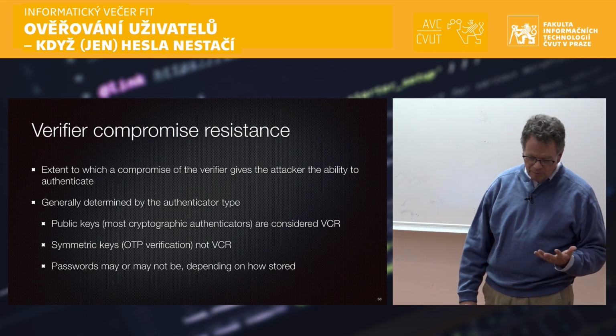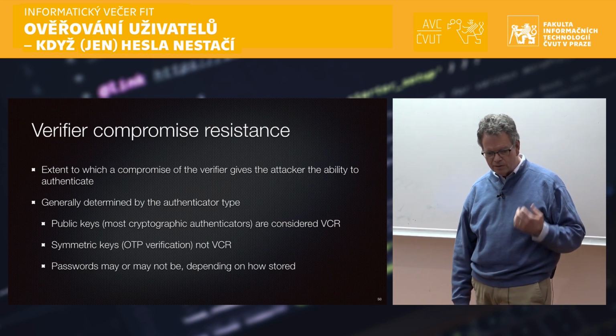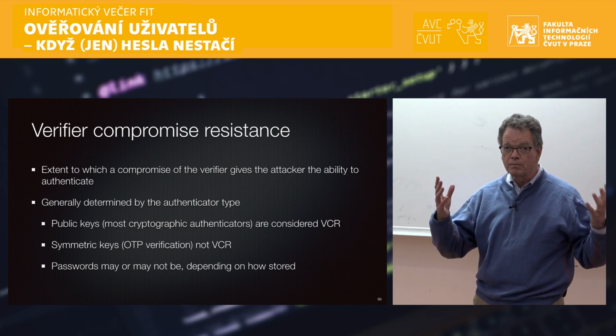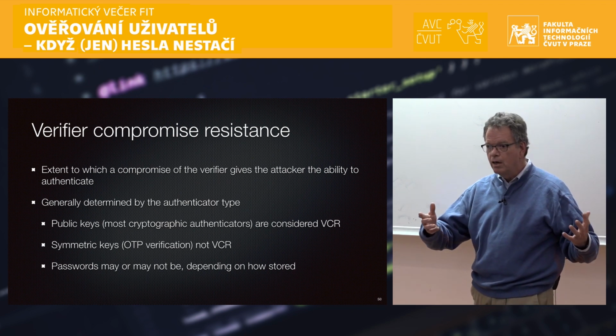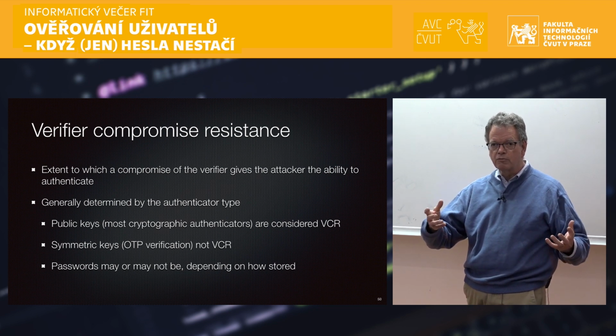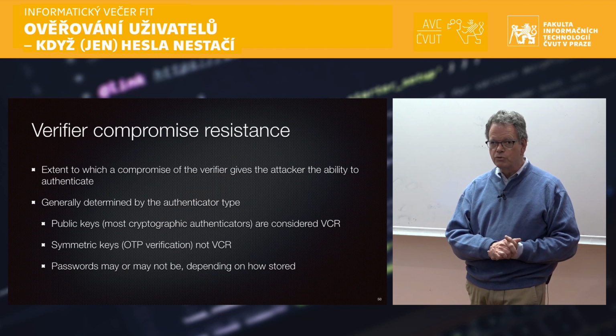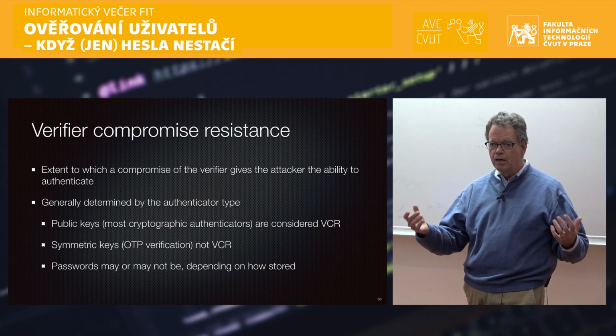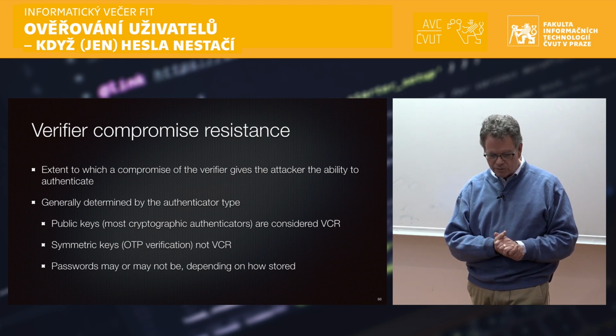And then I talked a little bit about verifier compromise resistance. If you're storing, say, a public key value as part of the login credentials for the user, as opposed to storing, hopefully, nothing in clear text, but even a hashed value is not as good.